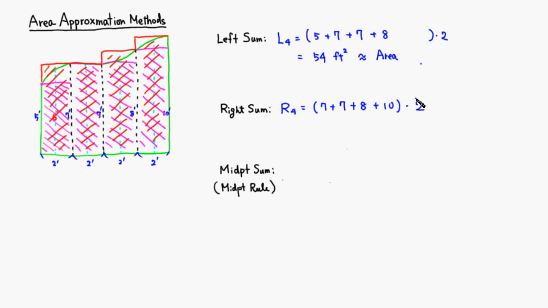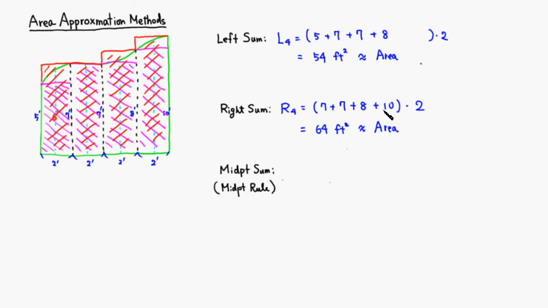This comes out to exactly 64 square feet, the approximation for the area. It looks like the left sum is an underestimate, maybe because it misses some regions, and the right sum has a little extra, so it's probably an overestimate.